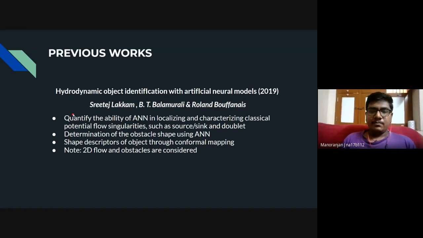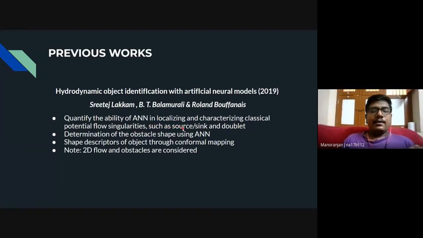This is a very beautiful paper, and it actually gave me an idea of what the research problem was. What they are trying to do is build an artificial neural network to find the shape of the obstacle, and also to determine the flow using potential theories.